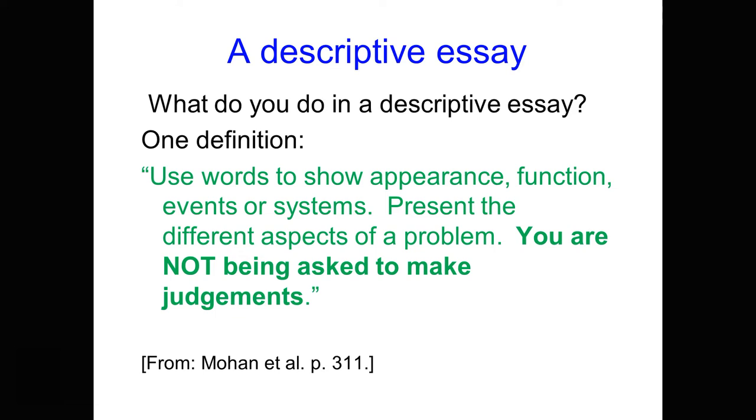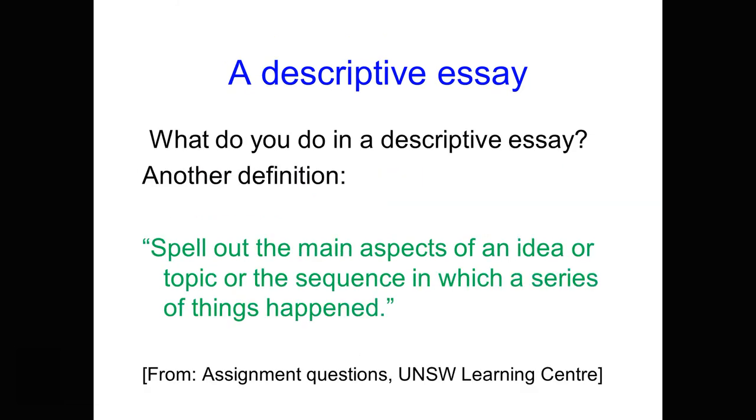This is not something where you're being asked to put your argument forward. You're just being asked to describe a process and to show that you understand it. So what do you do in a descriptive essay? You spell out the main aspects of an idea or topic or the sequence in which a series of things happened.